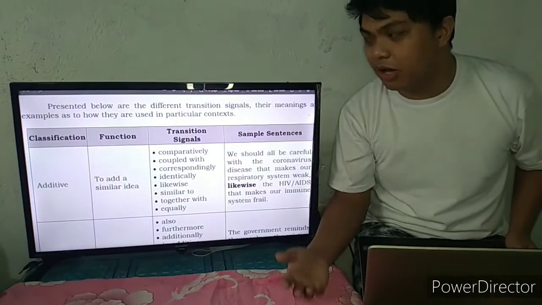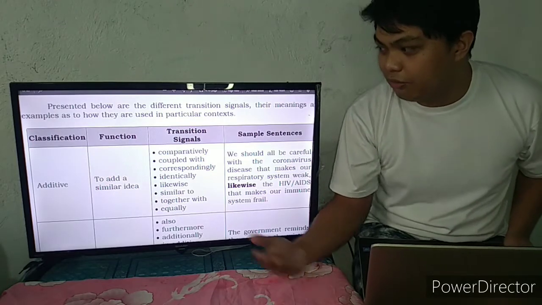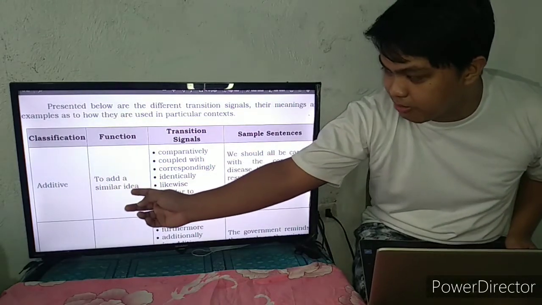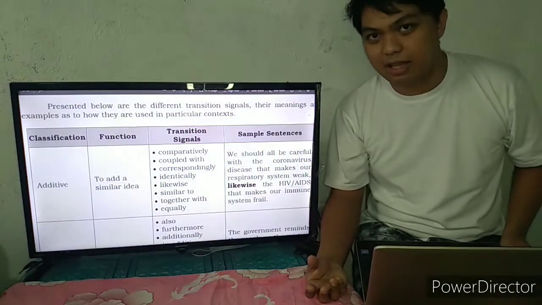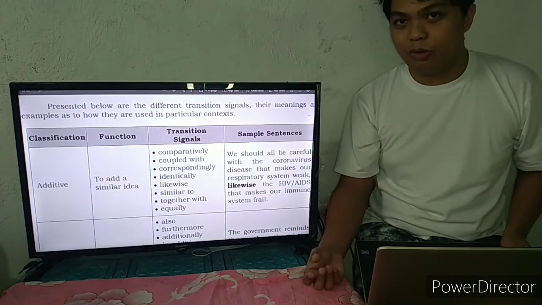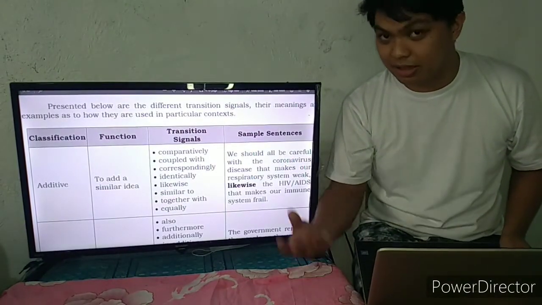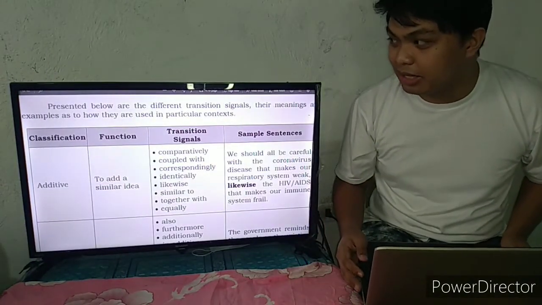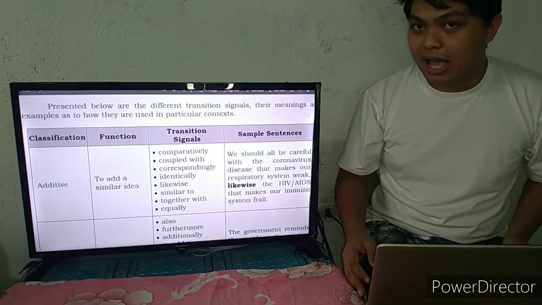So, what is the function of additive transition? So, ang function niya is to add a similar idea. So, ano yung mga words na pwede mong gamitin para ma-classify mo na itong sentence na ito ay gumagamit ng classification na under siya ng additive.